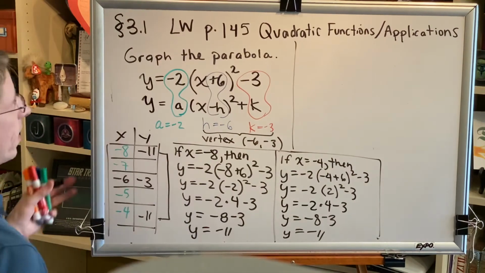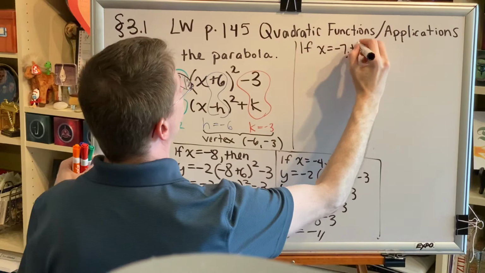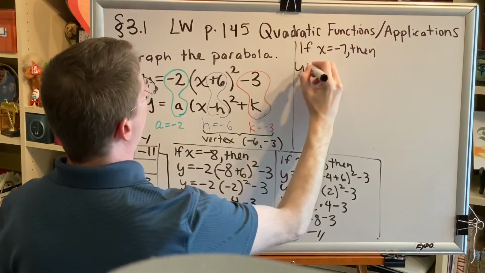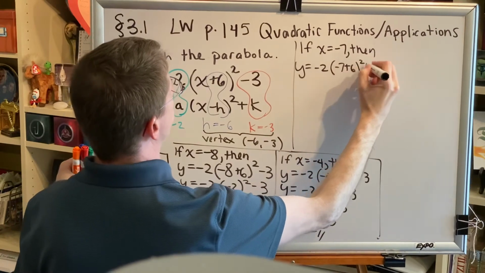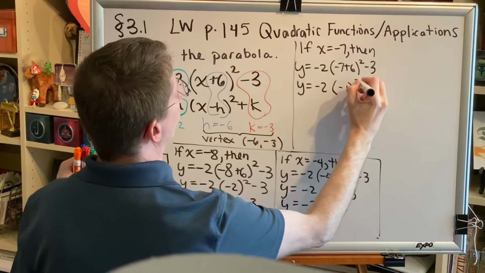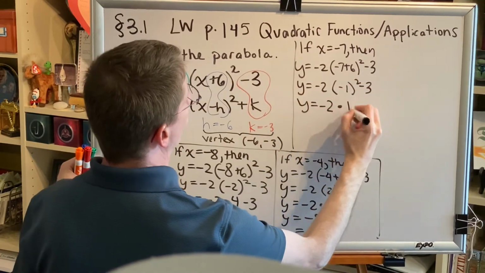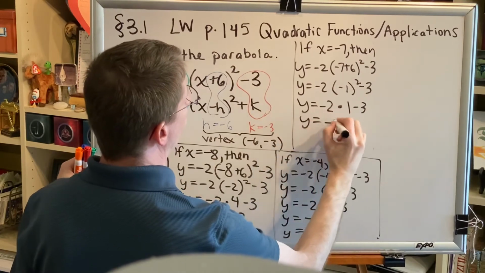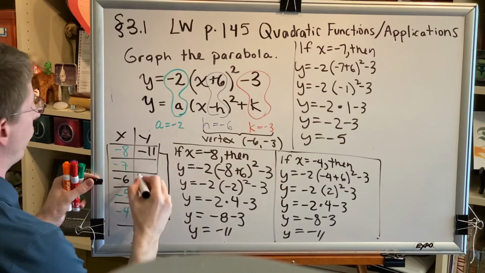Okay, let's try x is negative 7. y equals negative 2(negative 7 plus 6) squared minus 3. Get y equals negative 5.